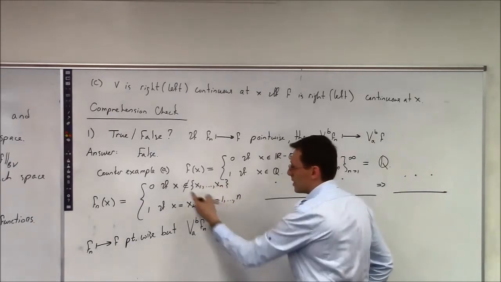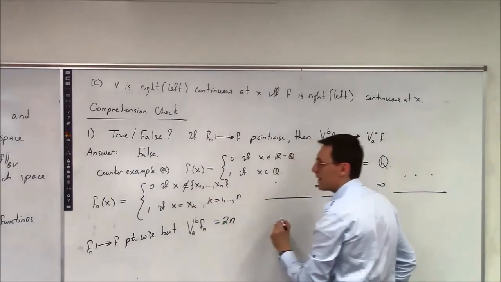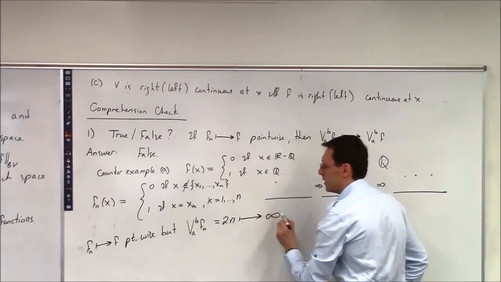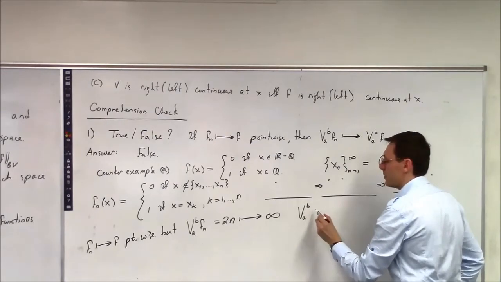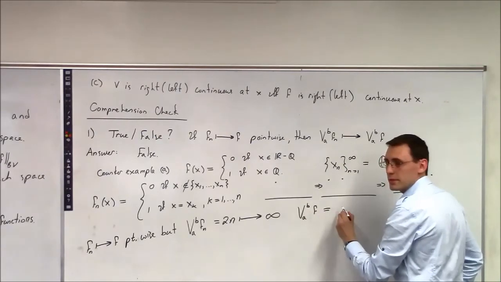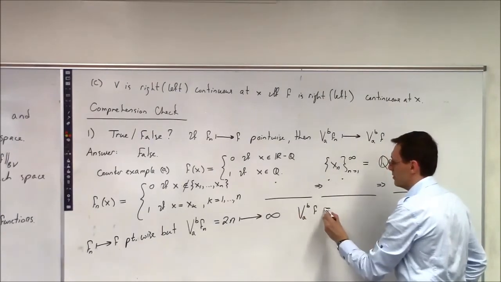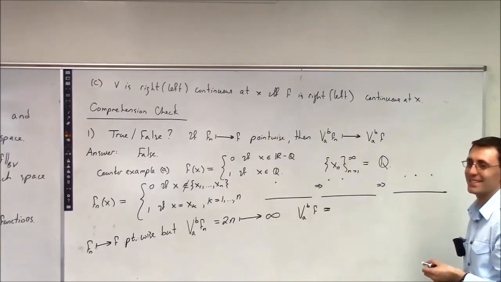For each n, it's going to be 2 times n. And this is going to infinity. But what about the variation of f? That's also infinity, no? Yeah. So is it a counterexample? They both go to infinity. Oh, yeah, I guess it's not.